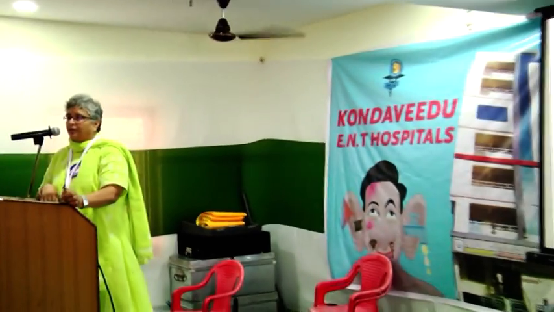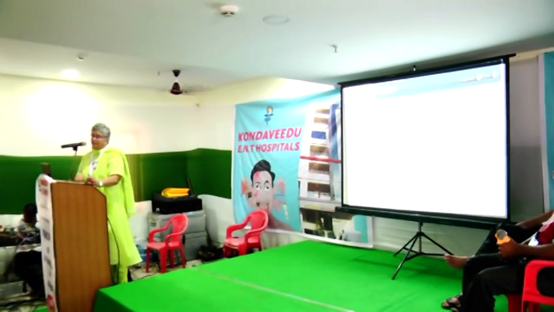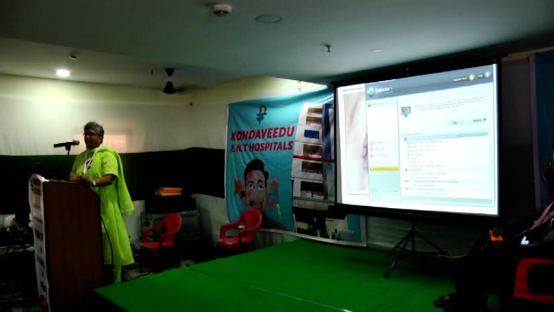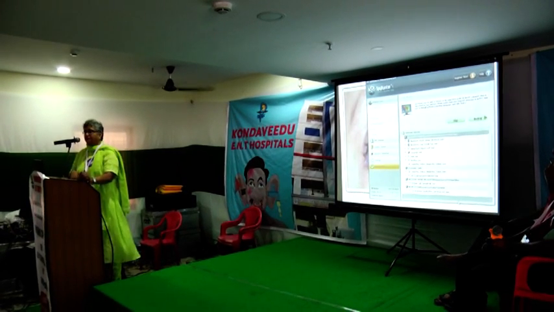So coming to the congenital nasolacrimal duct block. What these babies are born with is usually pus discharge on the day of birth. But there are so many differential diagnoses for that.